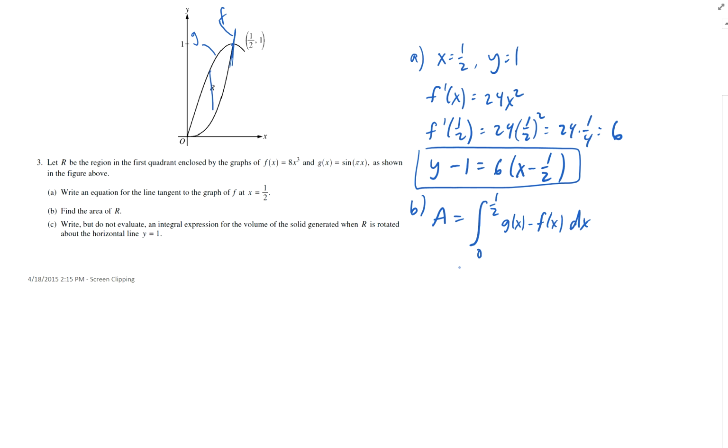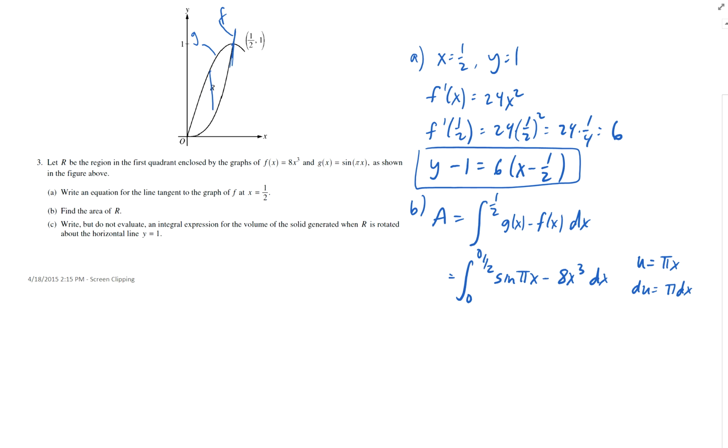So that's going to be the integral from 0 to 1/2 of sine pi x minus 8x cubed dx. And I'm going to go ahead and let u equal pi x, du is pi dx.